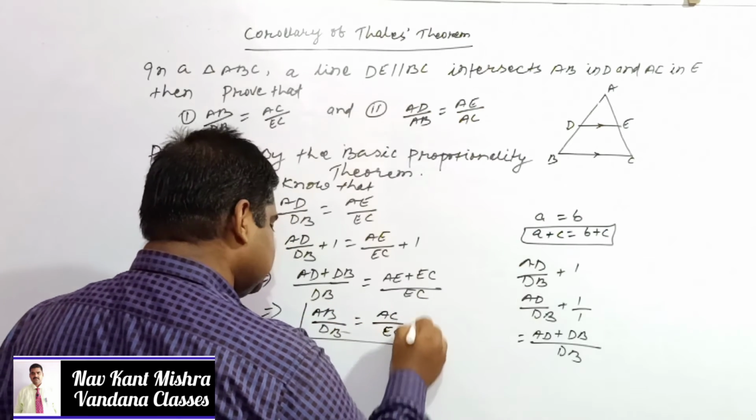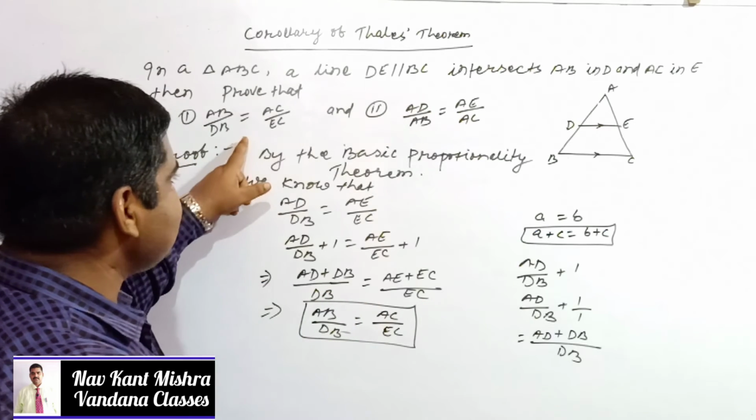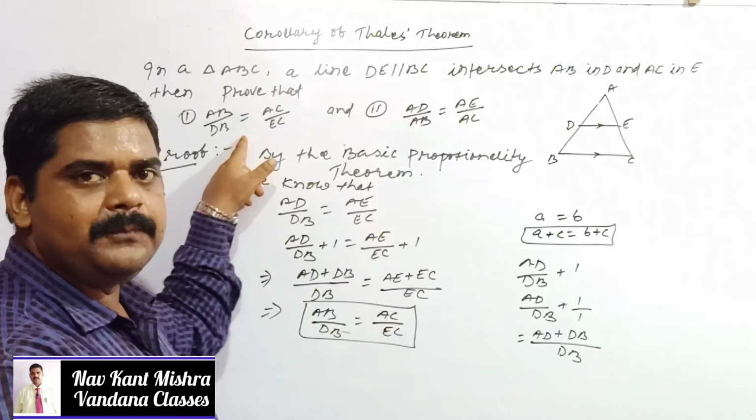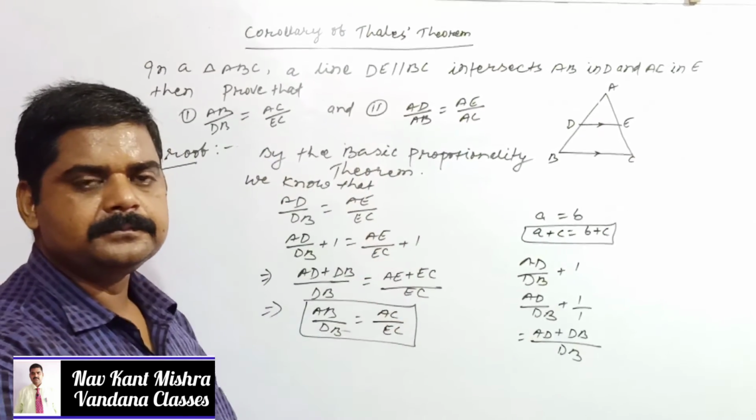This is the first corollary that you get from the basic proportionality theorem.